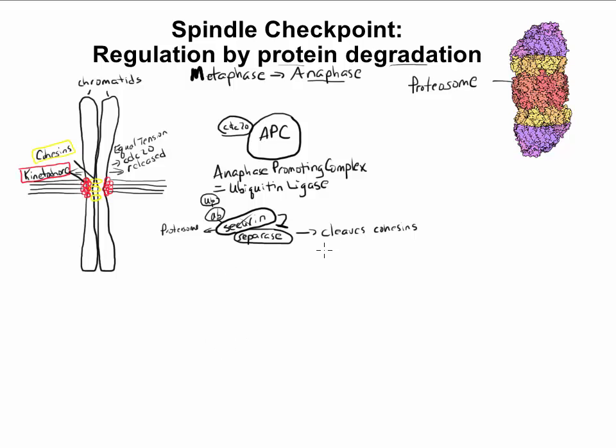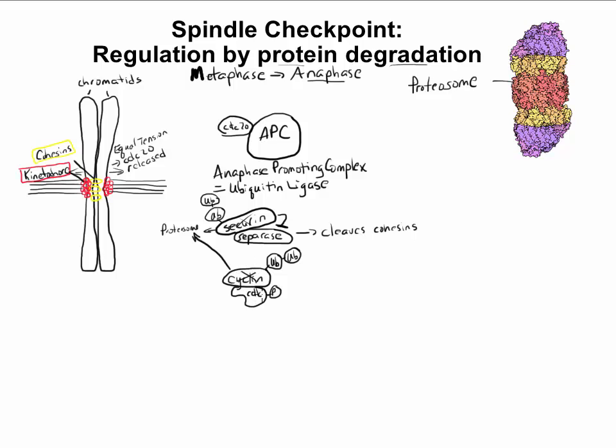But there's actually a second target of this anaphase promoting complex, because in addition to targeting securin for degradation, it targets mitotic cyclin protein for degradation as well. So remember that cyclin is bound to our CDK, which was phosphorylated and activated. And so when cyclin gets ubiquitinated and it gets these little molecular tags added on, likewise, cyclin is sent to the proteasome for degradation.